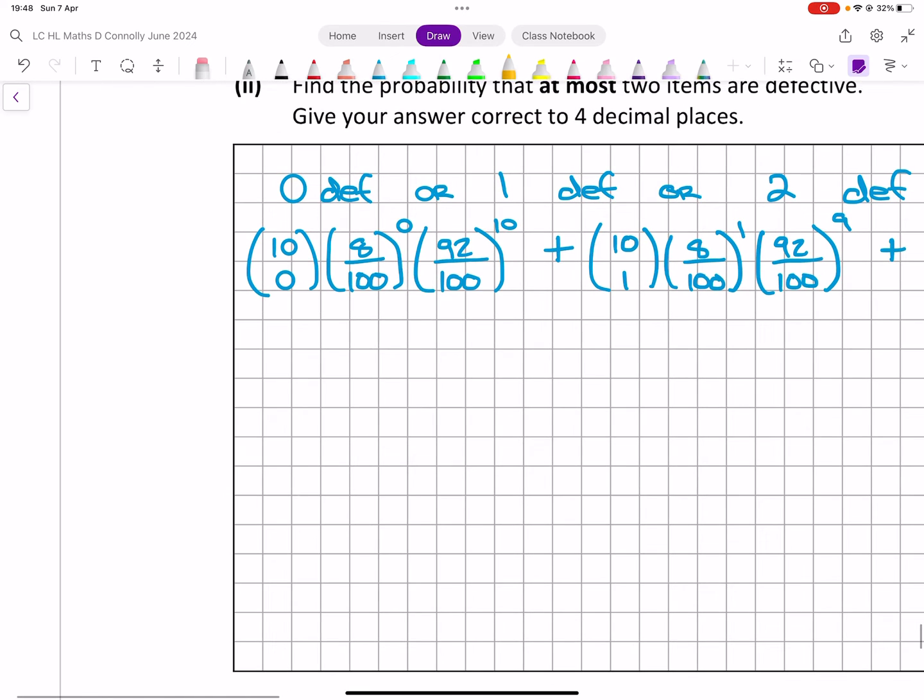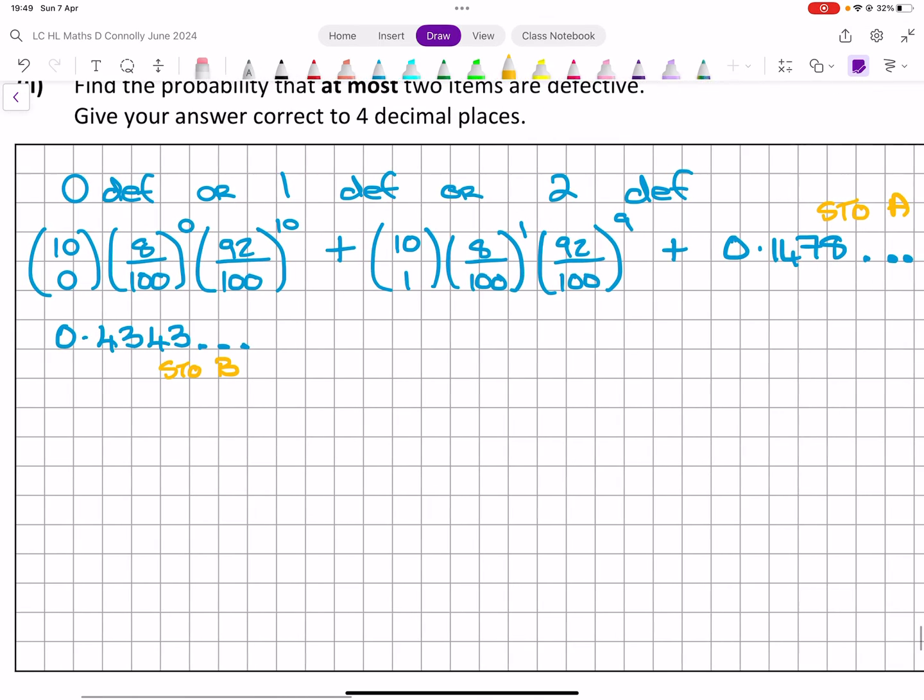Okay, right, we'll do this one. So 10 choose 0 times 8 over 100 to the power of 0, probably didn't need to do that, multiplied by 92 over 100 to the power of 10. So this is 0.4343 and there's more. So I'm going to store this in B. Plus 10 choose 1, multiplied by 8 over 100 to the power of 1, multiplied by 92 over 100 to the power of 9.